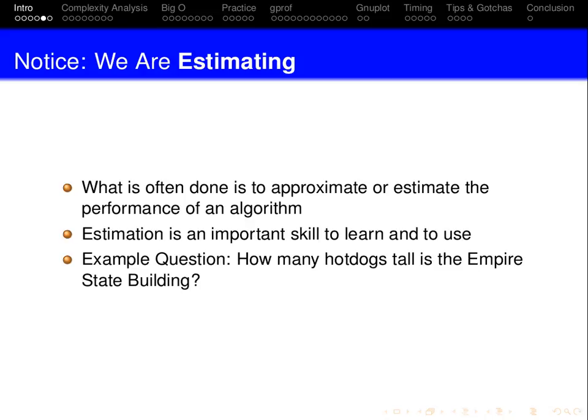A good example here is how many hot dogs tall is the Empire State Building? A lot. Yeah. How tall is it? Depends on the type of hot dog. Make an algorithm for it. Are we talking foot-long hot dogs, or the regular size ones? Because there's bun length hot dogs, regular hot dogs, foot-long hot dogs. Well, I didn't ask that. How are they being stacked?